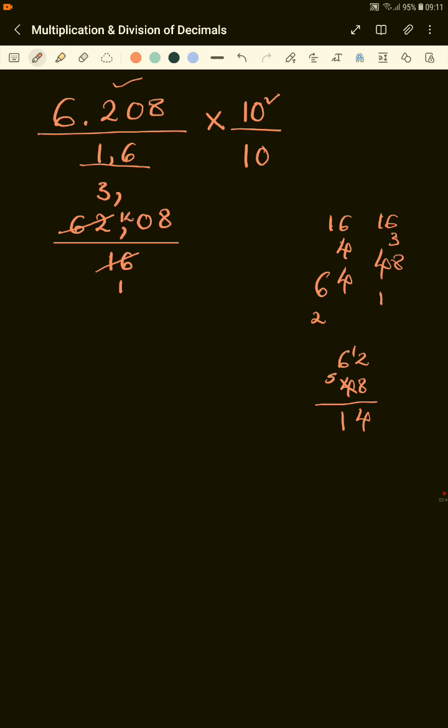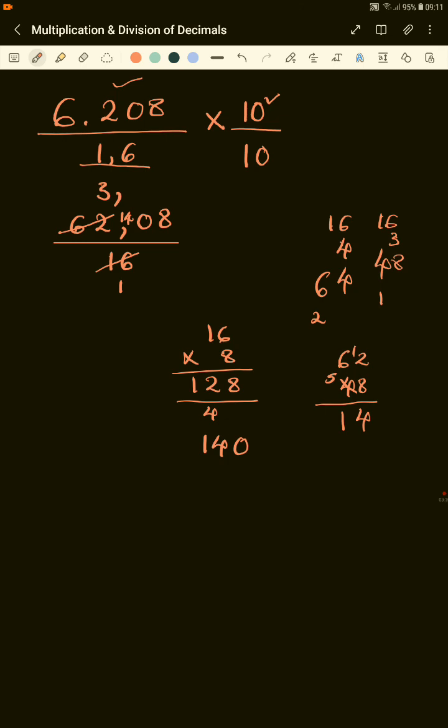Then we say 140. Then we say 16 into 140. We know 16 times 10 is 160, so we try multiplying by 8. 6 times 8 is 48, and 1 times 8 plus 4 is 12, that's 128.